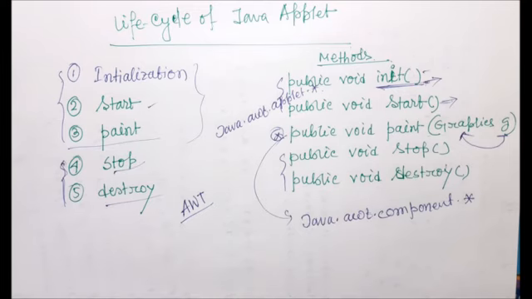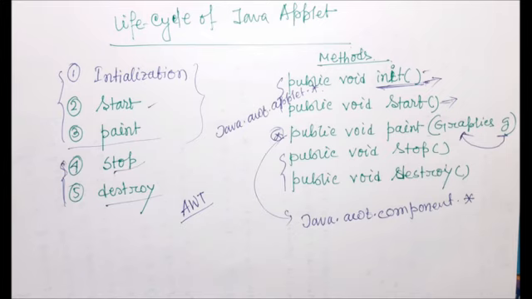So let me conclude this lecture. Here we just learned what is an applet and what is the applet hierarchy, or we can say where the applet class is in the hierarchy.